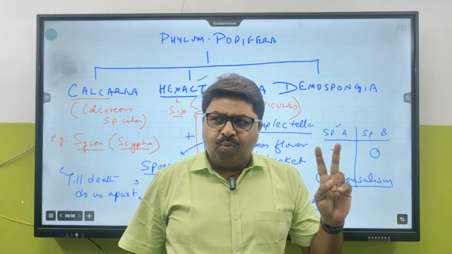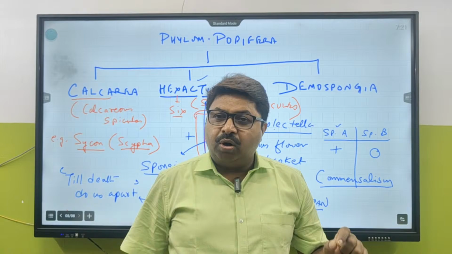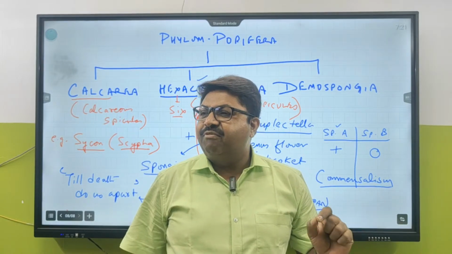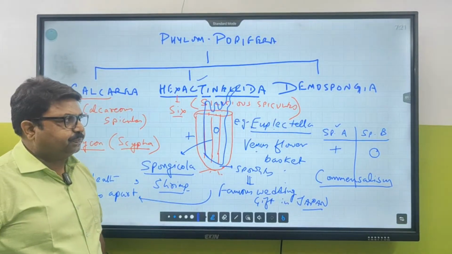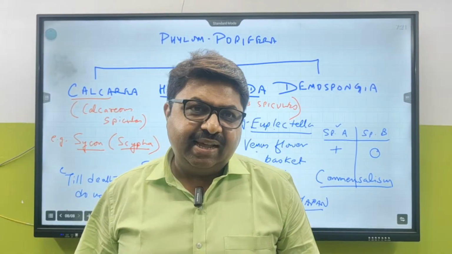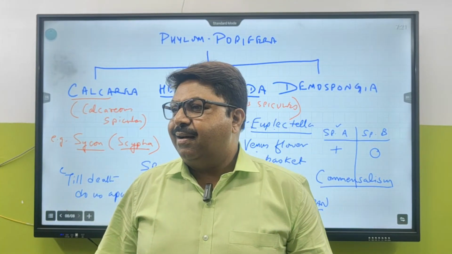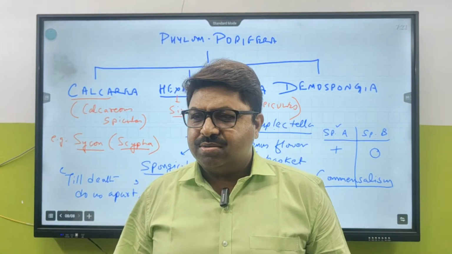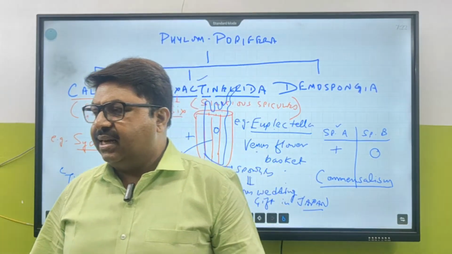Clear? What is even more important about them? That they show commensalism with some shrimps, and the name of the shrimp is Spongicola. Any issues with this? What is the next example under Hexactinellida? The example is glass rope sponge. Can you find this in NCERT?